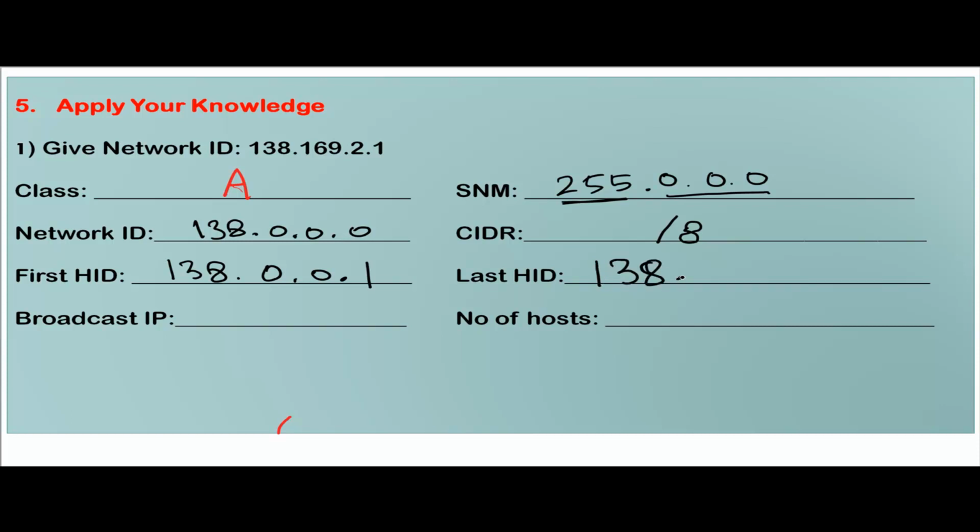In the host part, we have to make everything 1, except the last bit. So this is going to be 255.254. So this is going to be our last host ID.